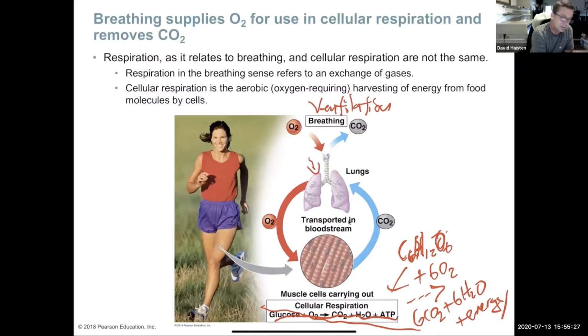So oxygen moves into your blood, and then your blood, well, let's be specific. Oxygen moves into pulmonary capillaries. Carbon dioxide diffuses out of pulmonary capillaries into your lungs.